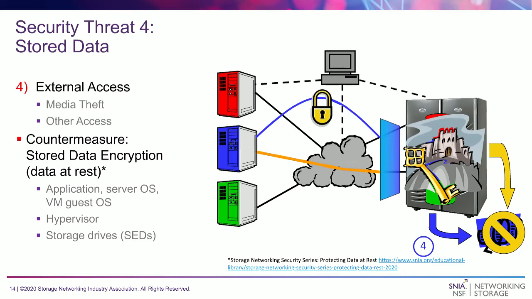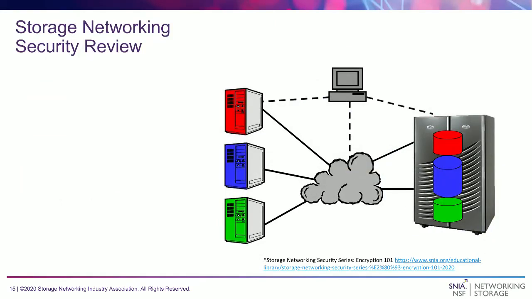And the encryption of data can happen at the storage level, and then we have a self-encrypting device, or can be happening also at the application level, at the server level, or at the virtual machine OS level, or at the hypervisor level. There are multiple places in which you can have basically higher layer encryption techniques to keep the data confidential and secure.